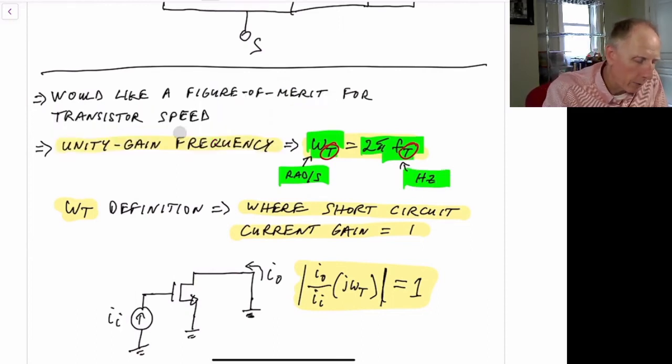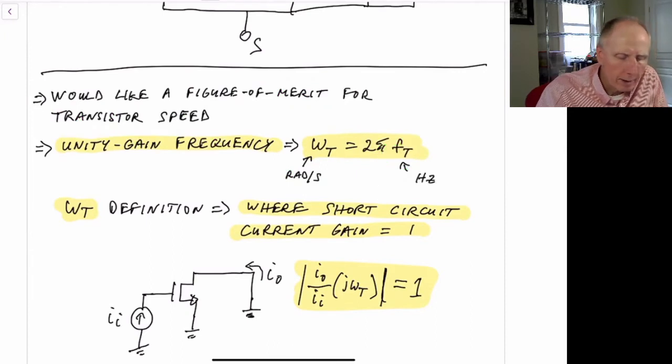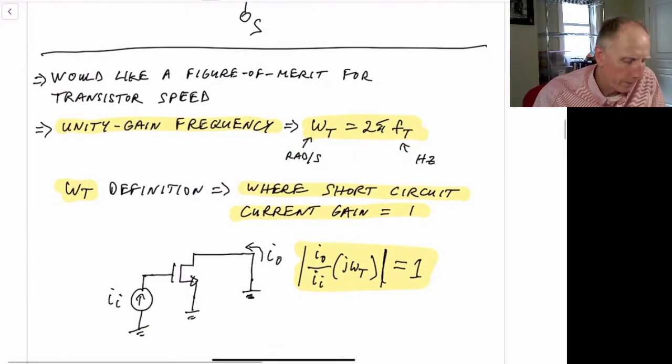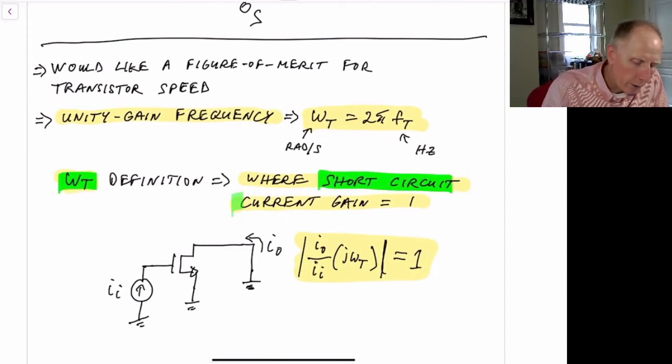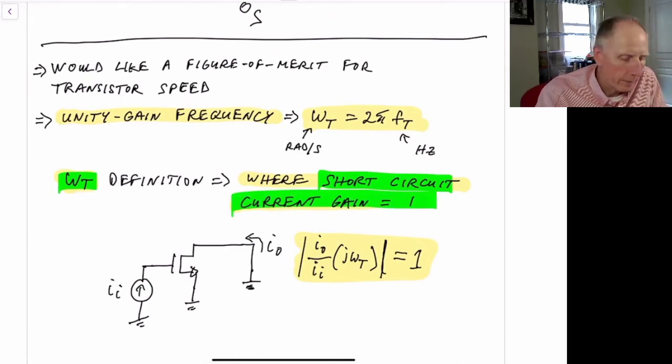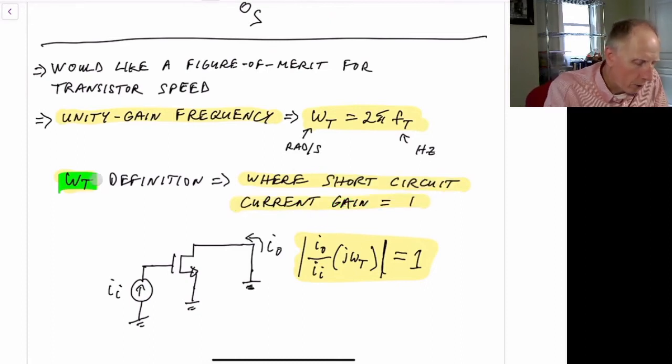So we can either write our figure of merit in radians per second, but it's commonly written in hertz. The definition for omega T then is where our short circuit current gain is equal to 1. You may ask why we're looking at current gain instead of voltage gain, and we'll talk about that a little bit later on.